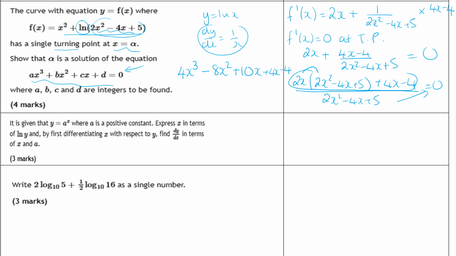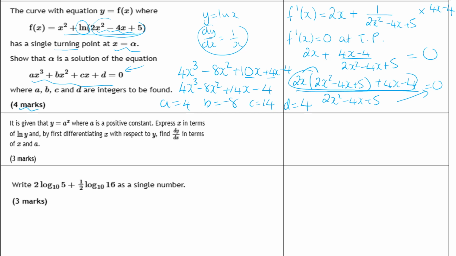So we've got 4x cubed minus 8x squared. The 10 and the 4 will give us a 14x, minus a 4. So a is equal to 4, b is minus 8, c is 14 and d is 4. Now we're not asked to go and solve that, it's just 4 marks for writing that.